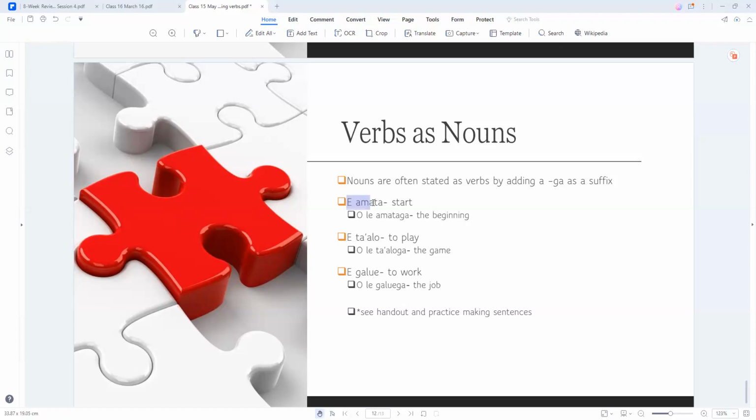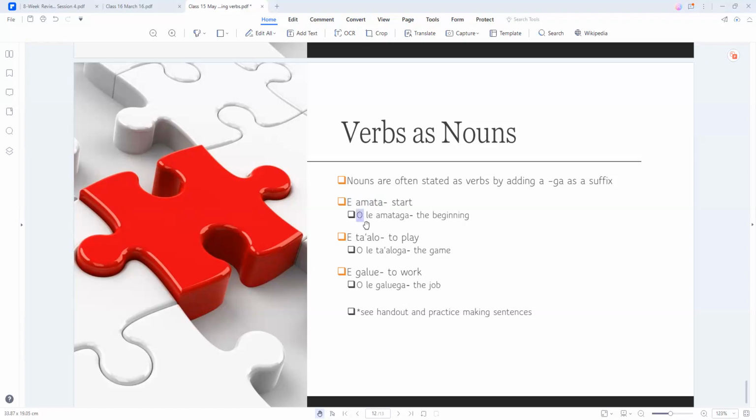And then amata is going to be a verb. So whenever you're using it as a verb, it's important to use the verb tense marker. Na, sa, olo, ole amata, ua amata, as opposed to something like this. If we're saying the beginning, then almost every time, it's going to have an o.